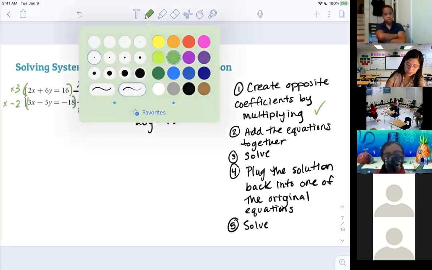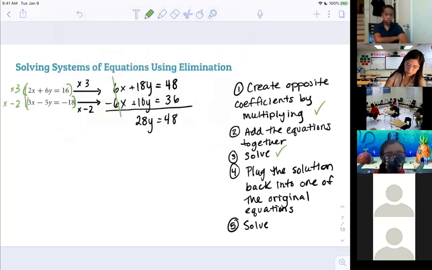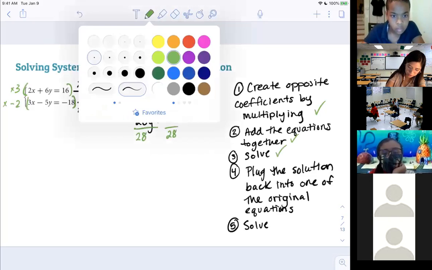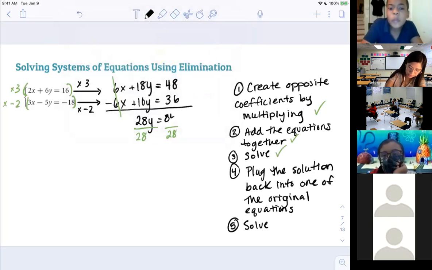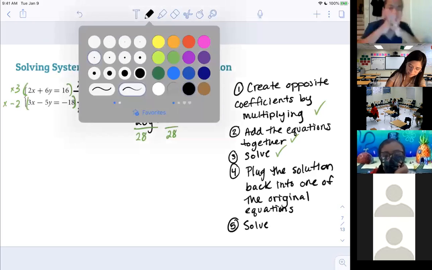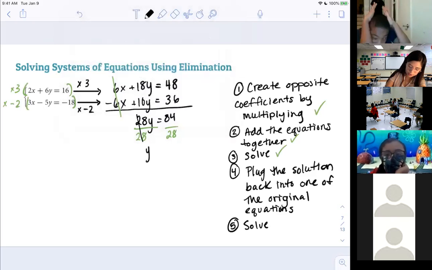And now I divide to solve for y. Yes, it's not 48, it's 84. I'm sorry, you're right. That's my dyslexia coming through. There we go. All right. 84 divided by 28 is, as Daniel says, 3.